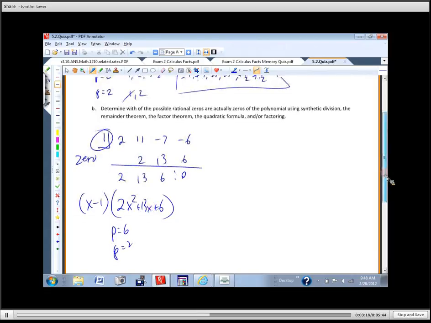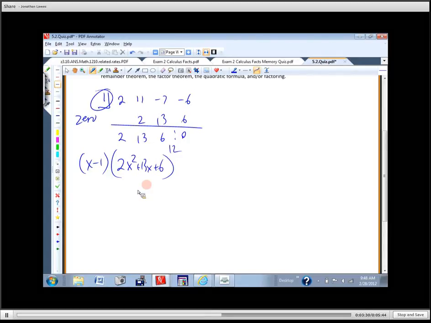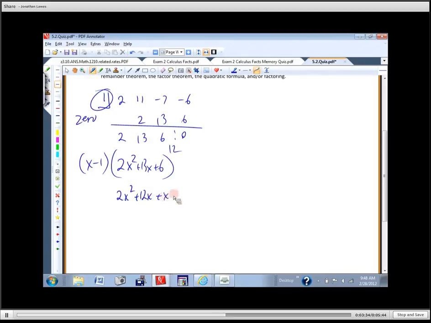So I'm going to do this one using factoring. I'm going to look at this and say, look, these 2 multiply together to be 12. Are there numbers that multiply to be 12 that combine to be 13? 12 and 1. So I'm going to write 2x squared plus 12x plus x plus 6. And then I'm going to take out a 2x. I'm left with an x plus a 6. Okay, careful here.